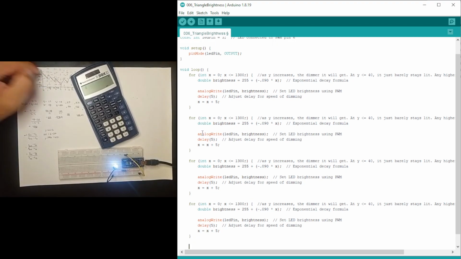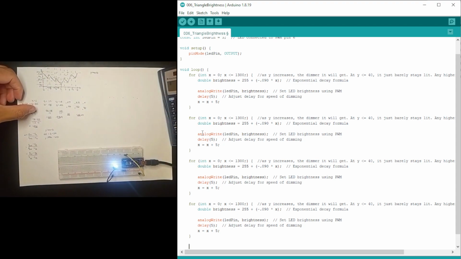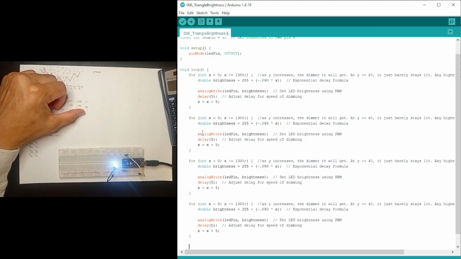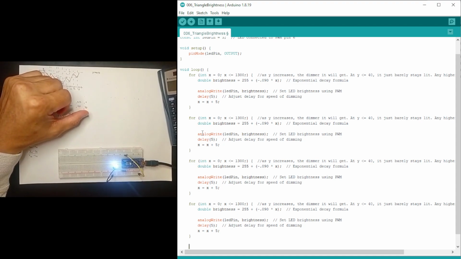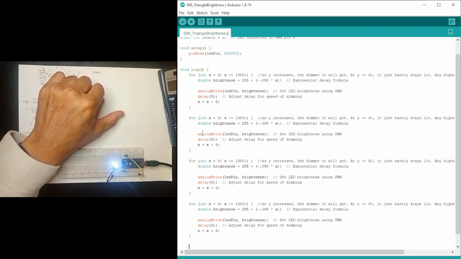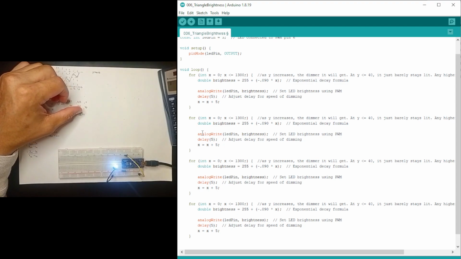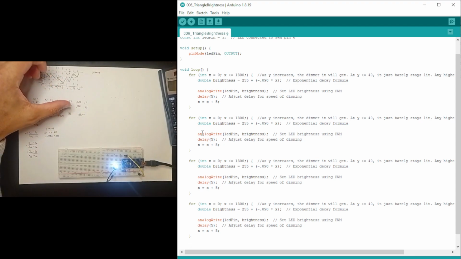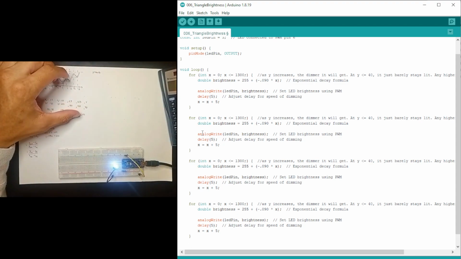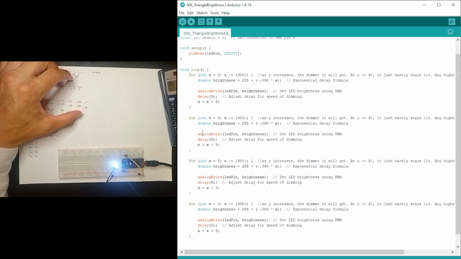One, two, three, four. There's going to be, goodness, 1, 2, 3, 4, 5. I think a total of 9 if we're going to flip it the other way.